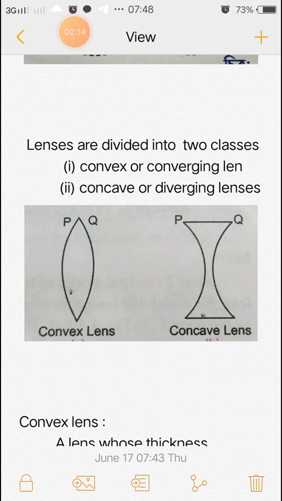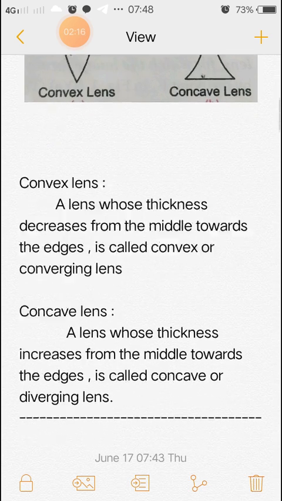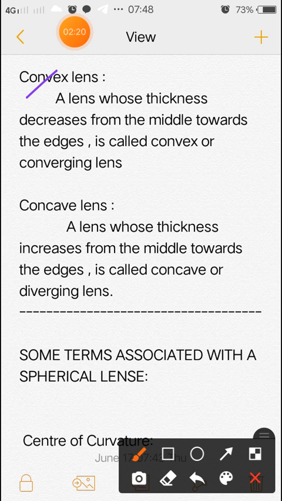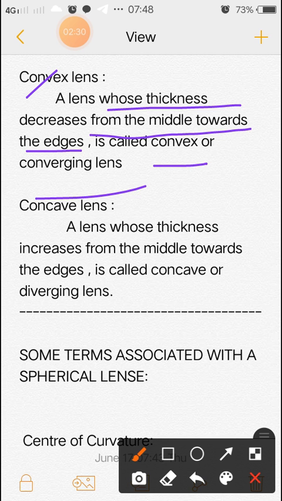And the definitions of convex lens and concave lens are here. A lens whose thickness decreases from the middle towards the edge is called a convex or converging lens. And a lens whose thickness increases from the middle towards the edge is called a concave or diverging lens.